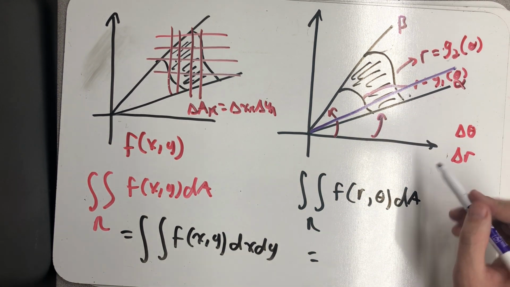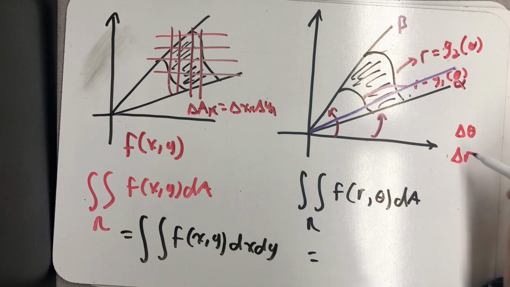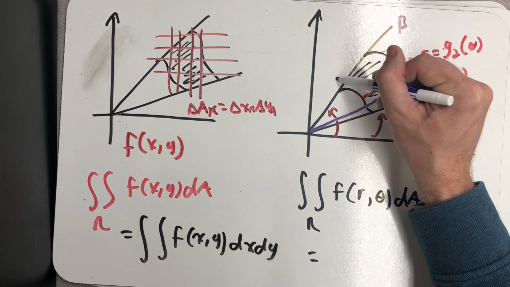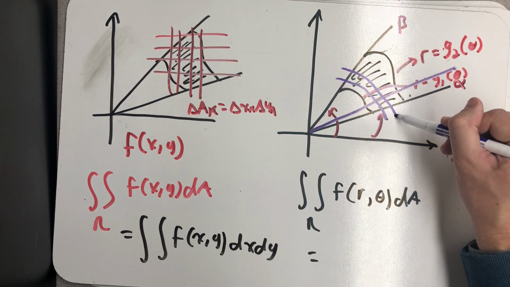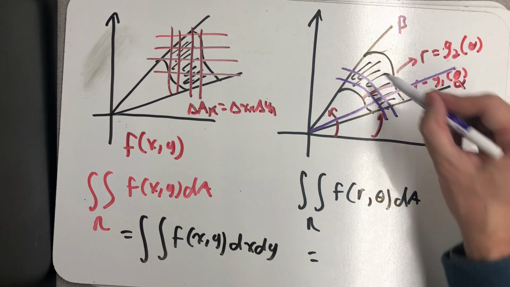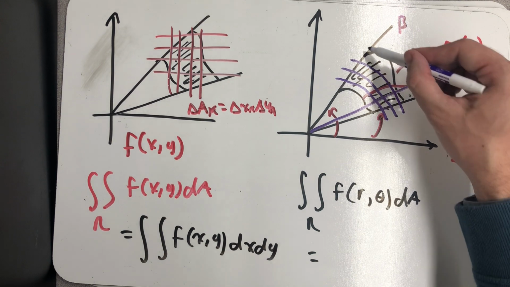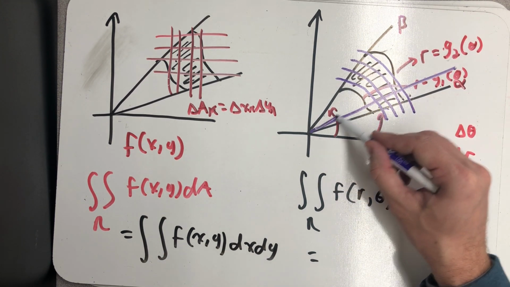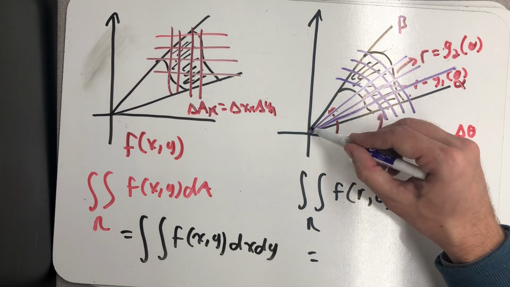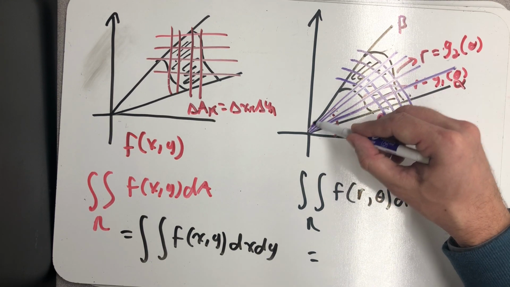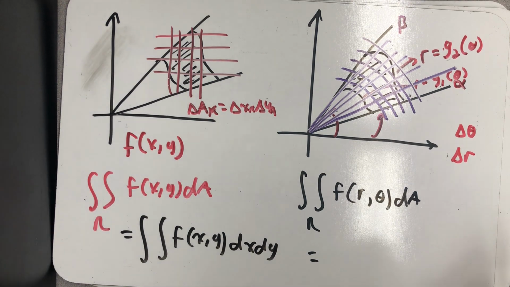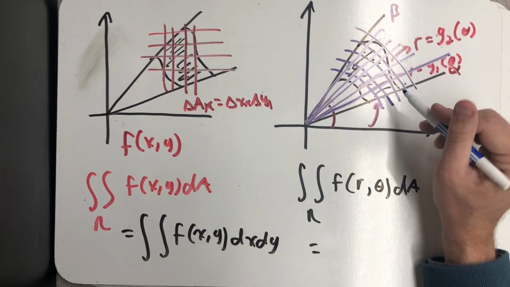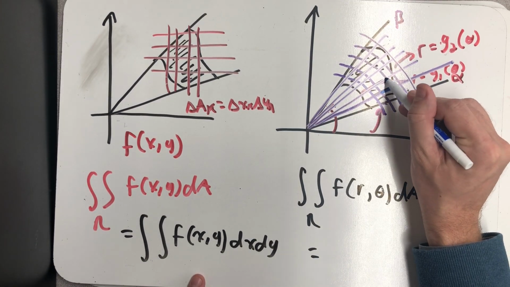If I think about chopping up the r's as little delta r's, it's like I would get little circles from here, right? There's a little radius, and that's delta r further away. If I just do that a whole bunch of times until I've partitioned the whole region, I keep rotating by delta theta. There, I've partitioned the whole region, and each one of those little areas is a little circular sector.